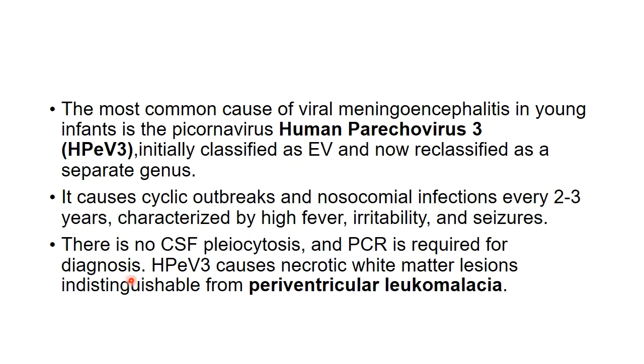There is no CSF pleocytosis, and PCR is usually required for the diagnosis. The virus causes a characteristic necrotic white matter lesion, which is indistinguishable from periventricular leukomalacia, which has been discussed in the earlier class.